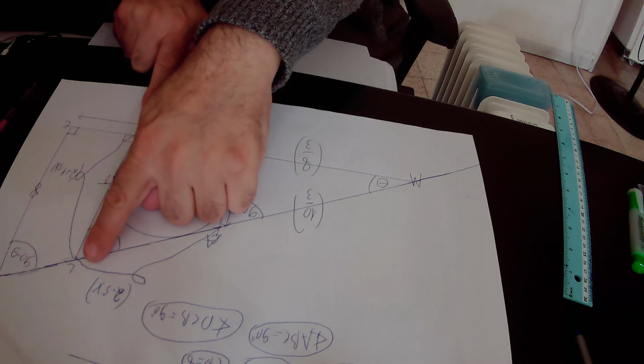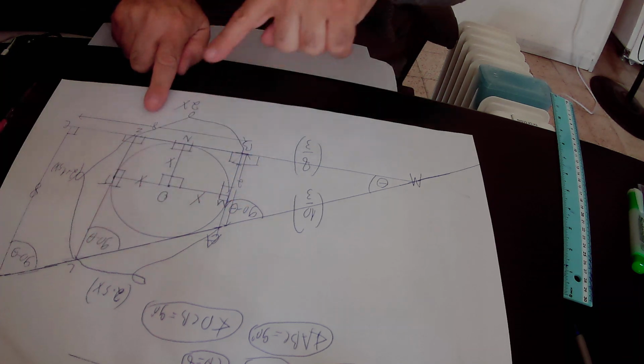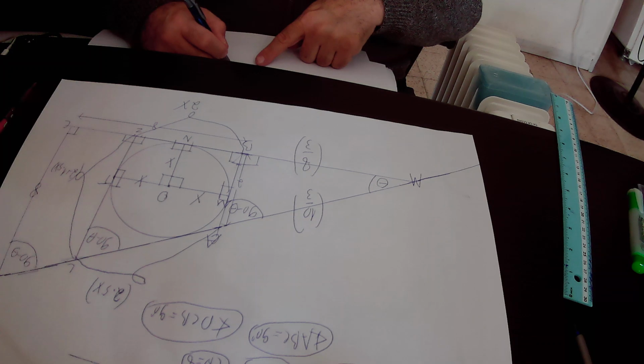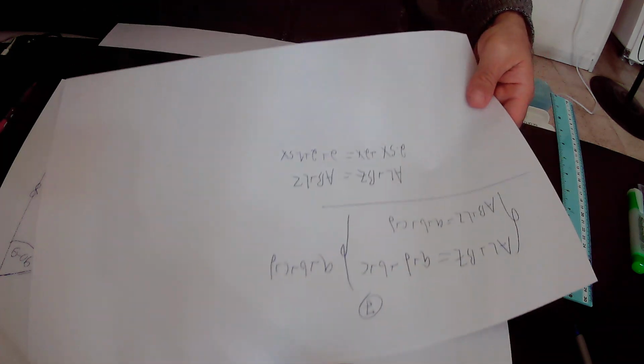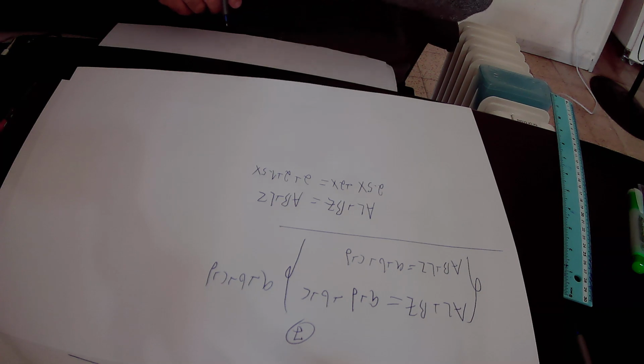We already found out that LZ equals 2 plus 1.5x. So we substitute LZ in the equation by 2 plus 1.5x. In conclusion, we found out that 2.5x plus 2x equals 2 plus 2 plus 1.5x.